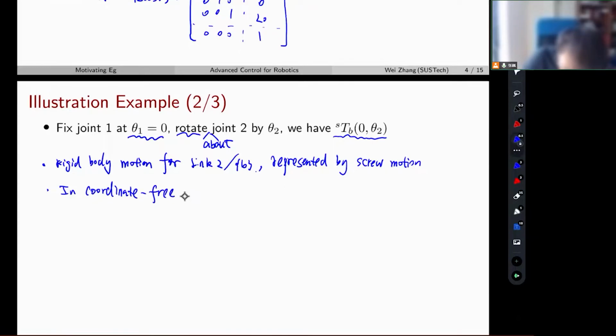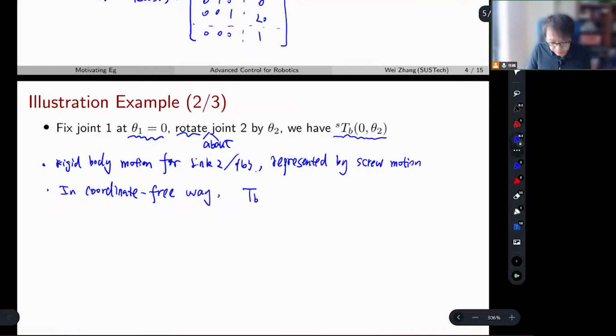In a coordinate free way of thinking, let's say this guy, the T_B, initially will be M, right? Initially we are here. M means theta1 equal to 0, theta2 equal to 0, right?